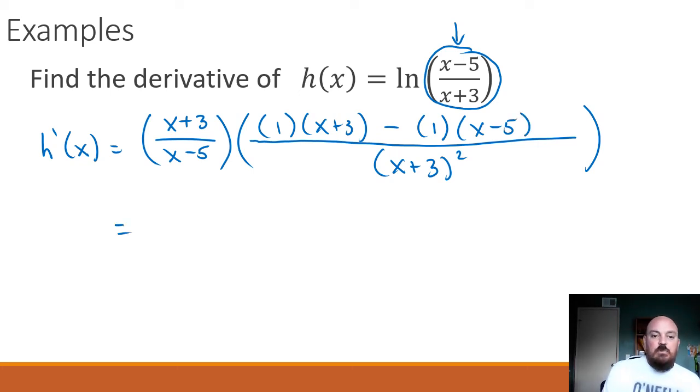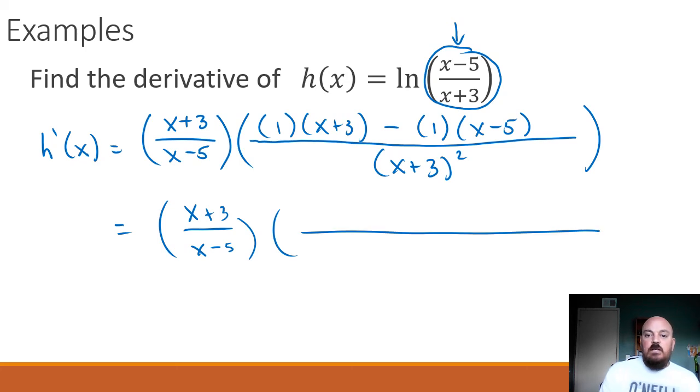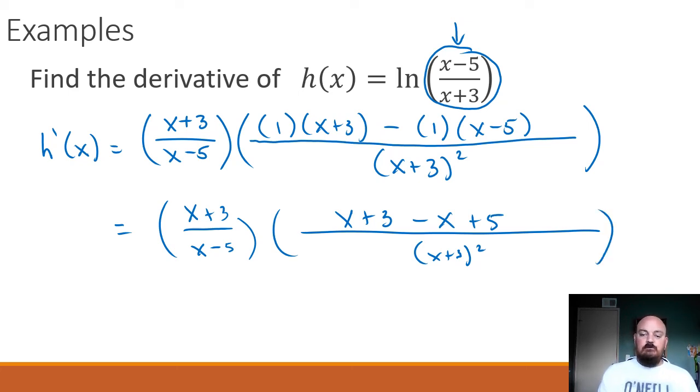If we clean that up a little, I'm going to leave the first part for now, the x plus 3 over x minus 5. And then on the second one, leave the x plus 3 squared, you get x plus 3, and then you distribute a negative 1, you get minus x, and that becomes a plus 5. The x's actually cancel.